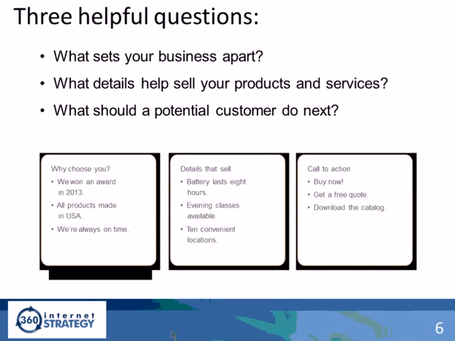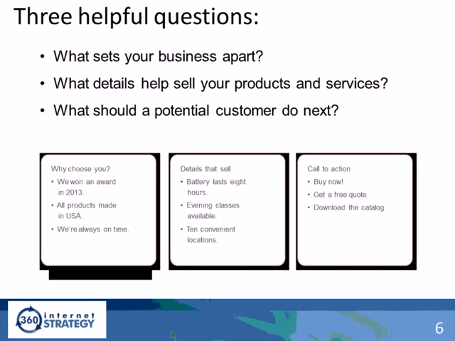So here are some questions that might help with your ad. Again, what sets your business apart? So if you look at the left, it says, we won an award, products made in the U.S., we're always on time, maybe we have 24/7 service, we're open 365 days a year. So, what's a little bit different about you?